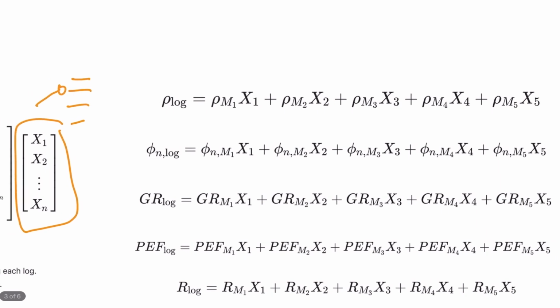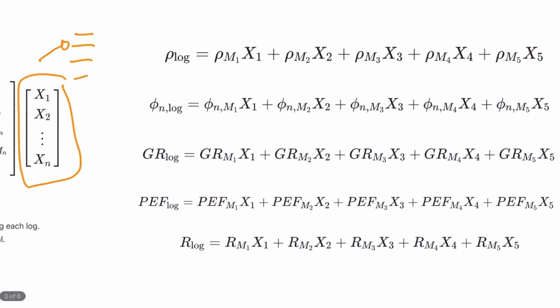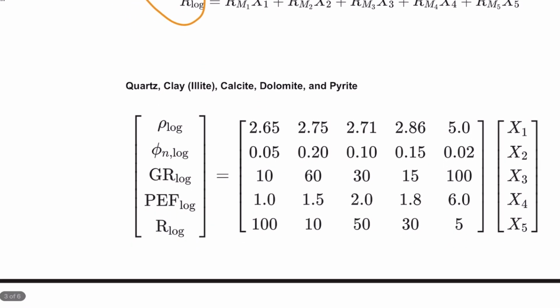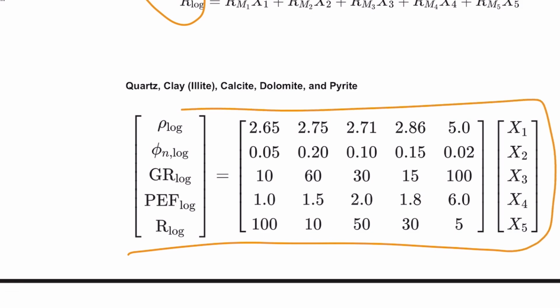For example, when we decide to make the rock physics model using 5 different minerals and knowing the density, neutron porosity, and other logs, we can build the model. And knowing this matrix, we can solve depth by depth for the volumetric fractions of the formation.